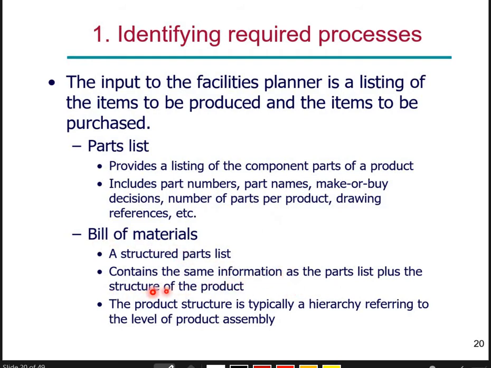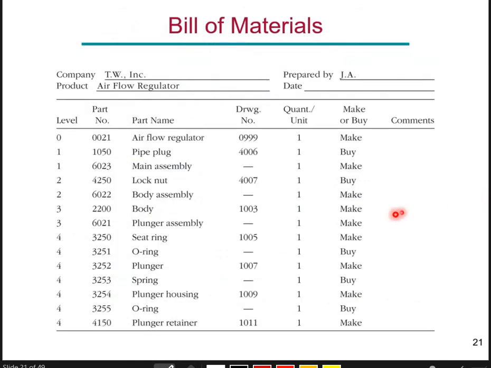But at the same time, you can see the structure of the product. So when I say the structure of the product, you see in this bill of materials table, again, it is a table which contains the same information: part number, part name, the drawing number, quantity, make or buy decision.